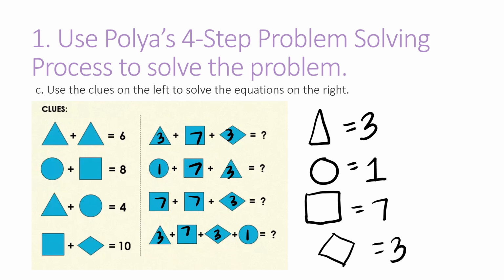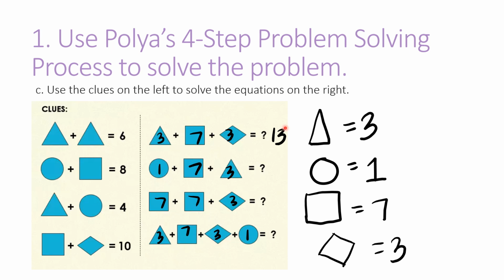I want to advise you to look carefully at the operations here, because sometimes you can get in the habit of only doing addition or only doing multiplication, and then sometimes they'll throw in a different sign. But as you notice here, all of these are addition.